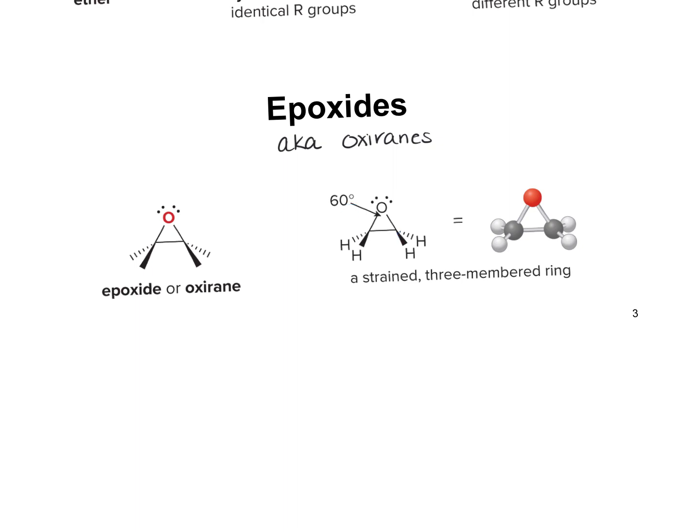And that is a considerable deviation from the tetrahedral bond angle, that's 109.5 degrees. That means that epoxides have a lot of angle strain, which makes them more reactive than other ethers.